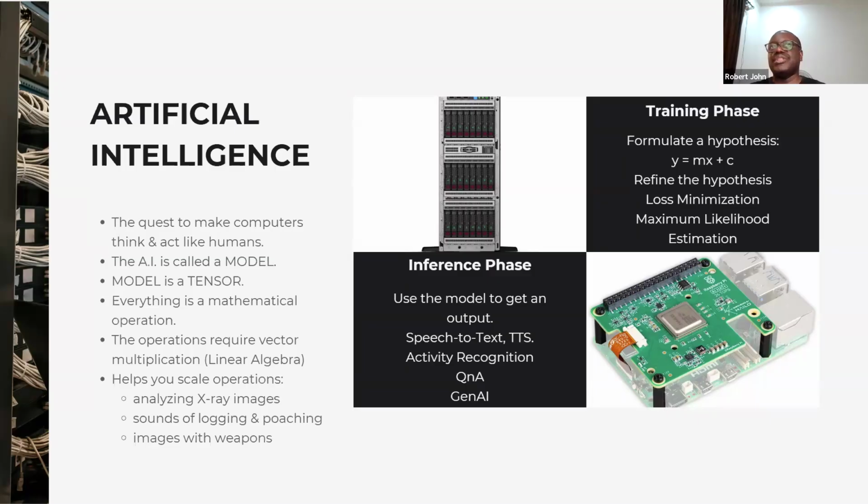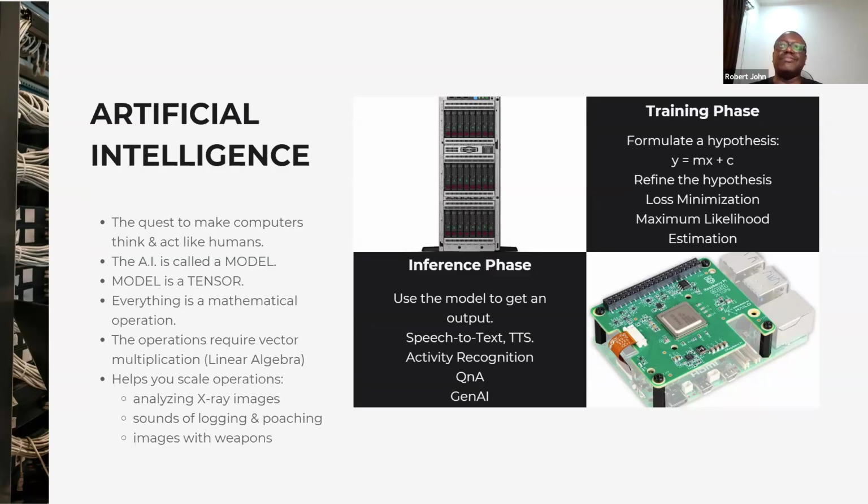But again, you can run inference on hardware such as this Raspberry Pi that you see here. This is a Raspberry Pi 5 running something called an AI hat. The hat is a hardware attached on top. And so you're able to then run models that will carry out inference.